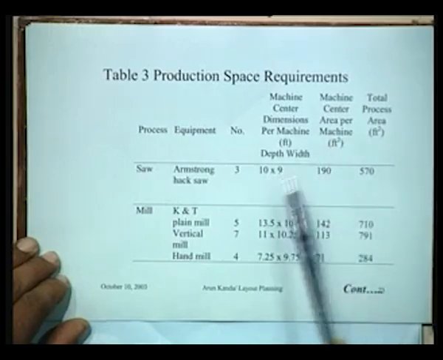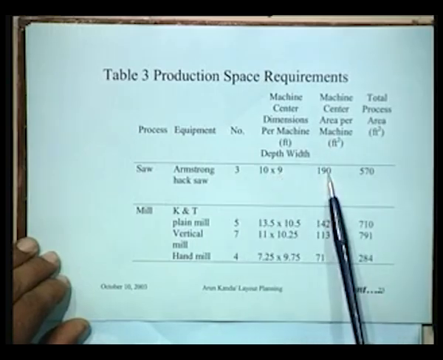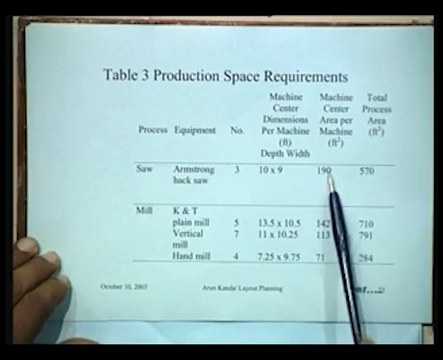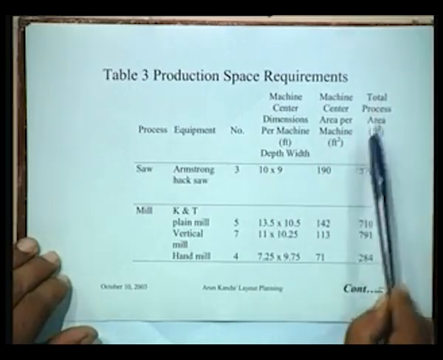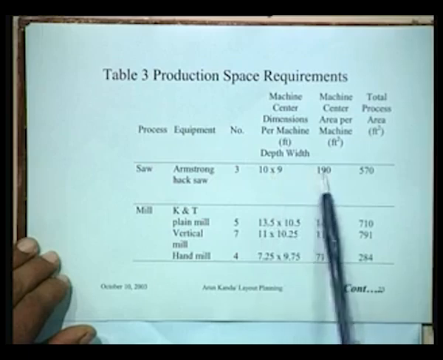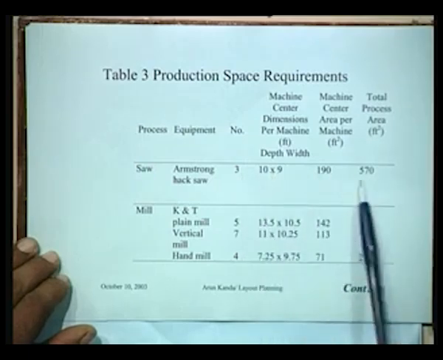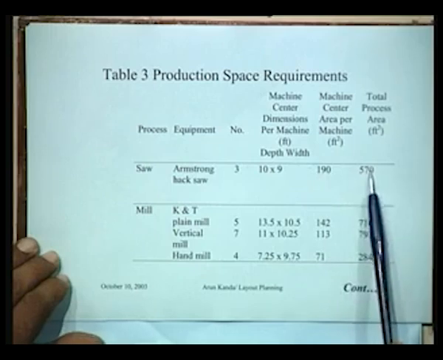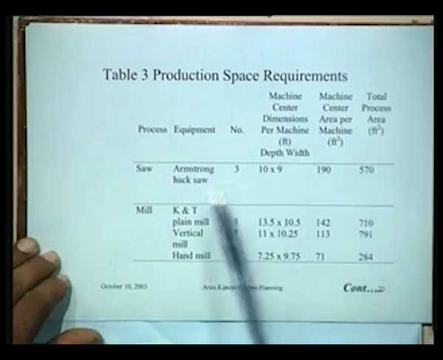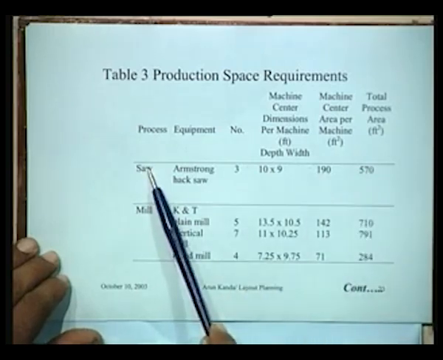So the total machine area requirement is 190 per machine, and the total process area required is, because there are 3 machines, 570 square feet. So you can find out immediately the amount of machine area that you need for this department called saw.